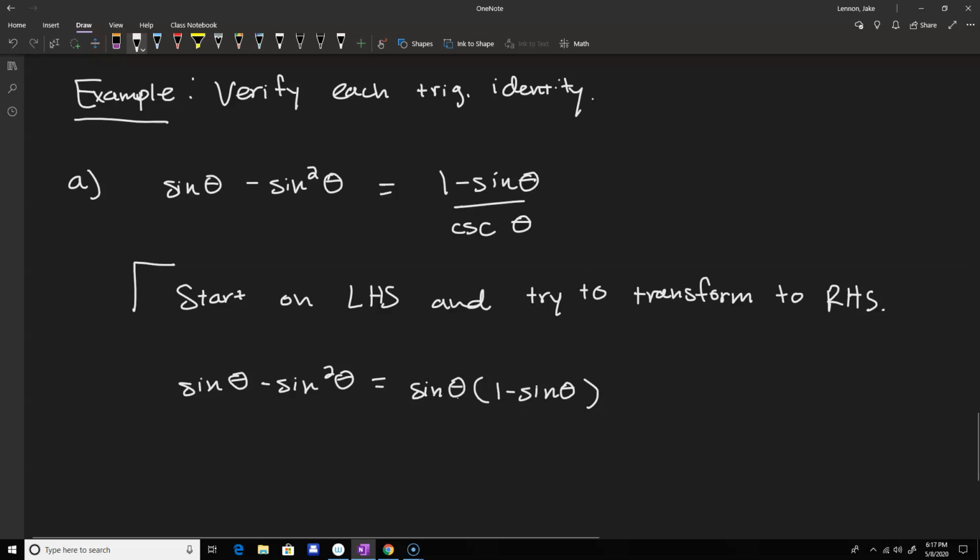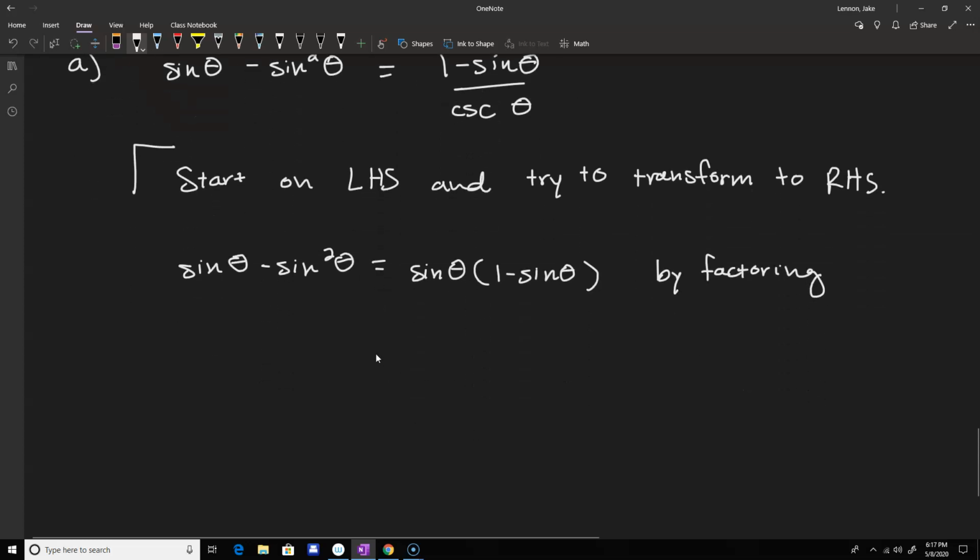So how is sine of theta related to the cosecant of theta? Well, by factoring here, we're actually done.